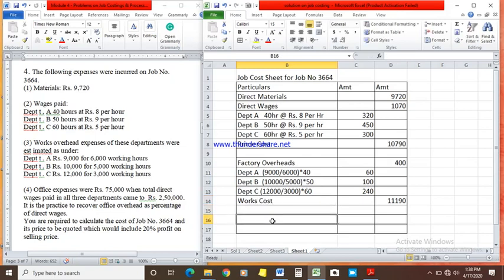Then comes office overheads. 75,000 when total direct wages paid in all the departments is 2,50,000. To calculate the percentage recovery, I can put it in a simple formula: 75,000 divided by 2,50,000 into 100, and we'll get the percentage.